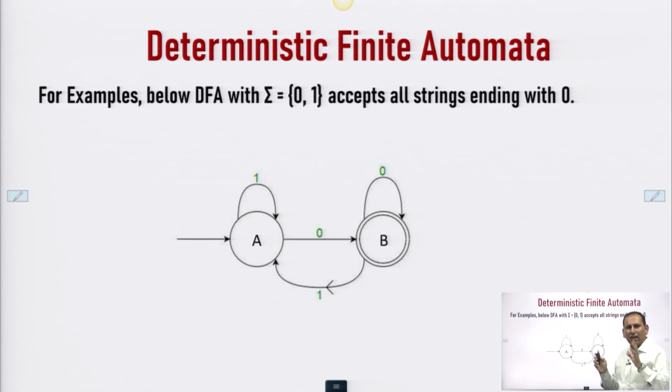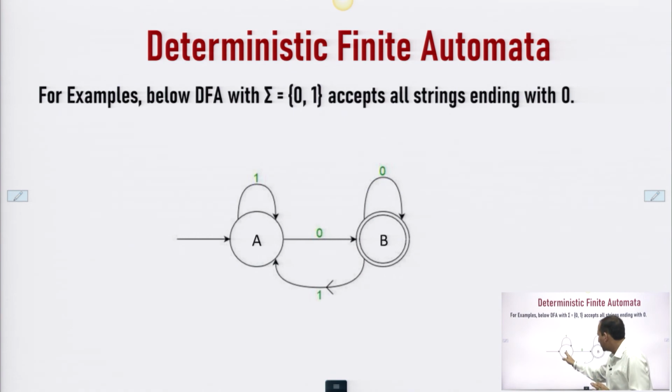So, the language given here is strings in which all the words should end with 0. Here you can see the DFA for this language, all strings ending with 0. The machine will start in state A.